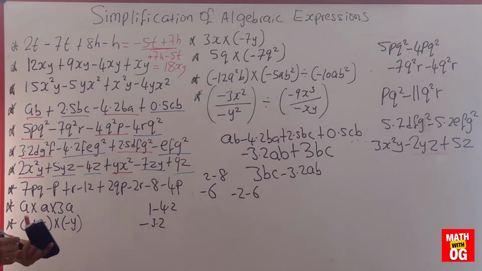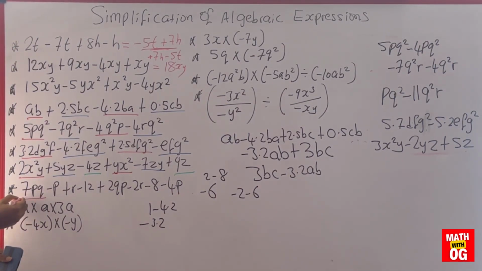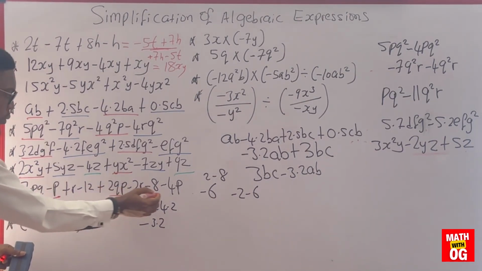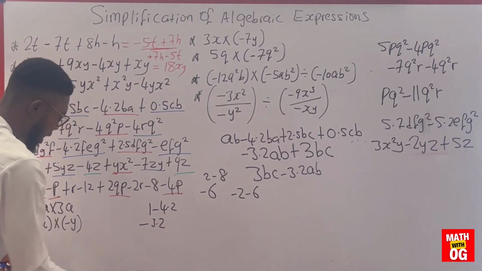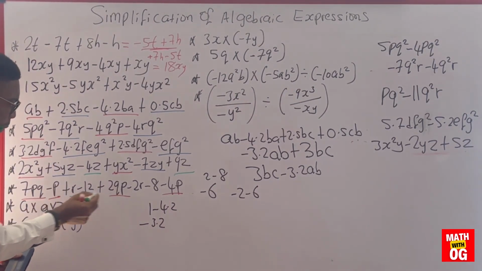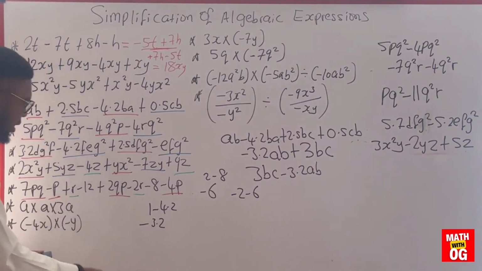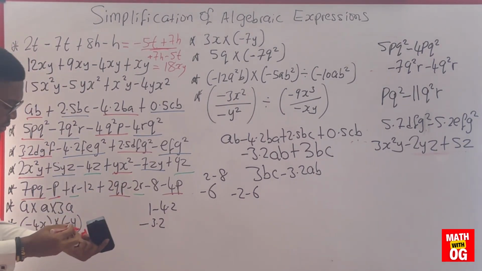Pretty straightforward. Now the next one, we have PQ, PQ, we have P, we have P, and we have arrow and arrow. Those are our like terms. Then we have constants minus 12 and minus 8.